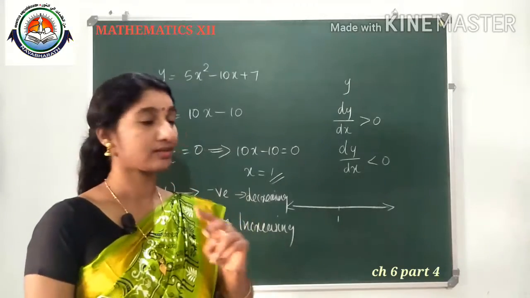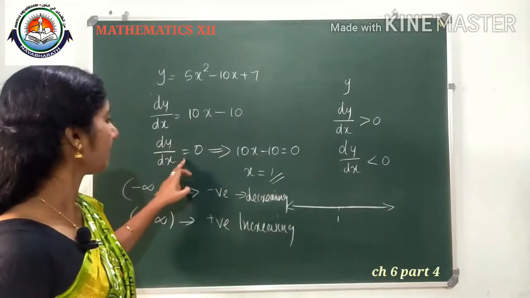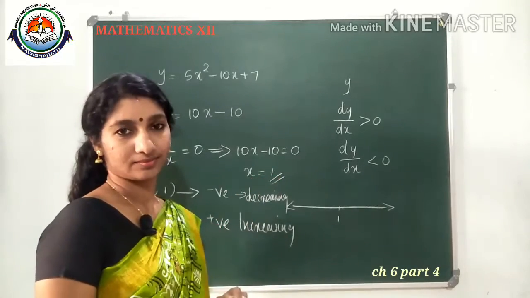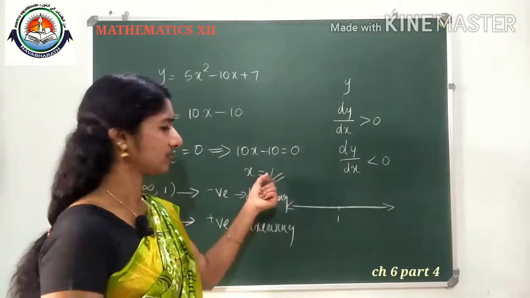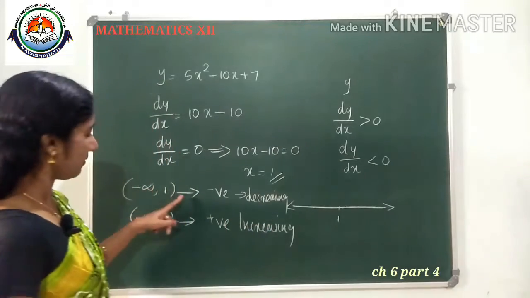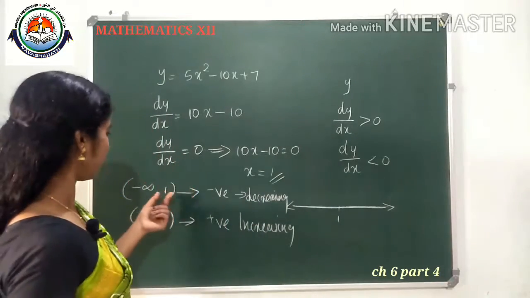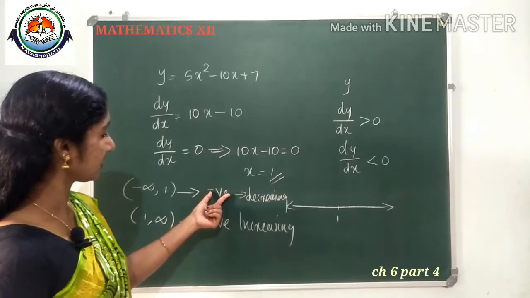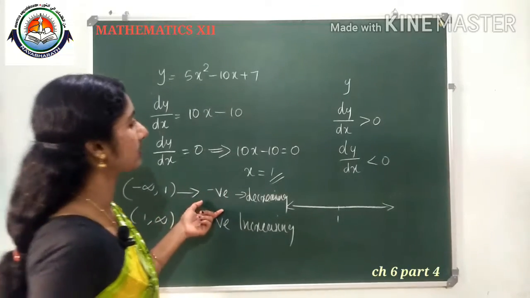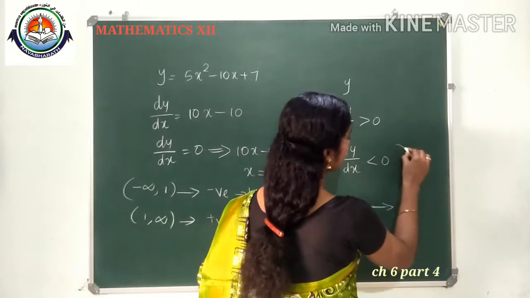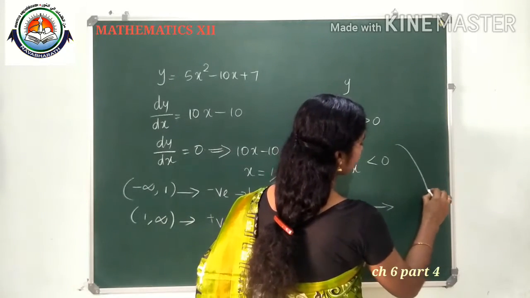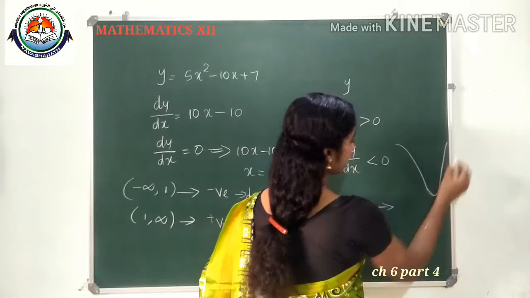Here we got two intervals because we got dy by dx equal to 0 at x equal to 1. What will be the nature of the curve? It is decreasing in the interval minus infinity to 1. So the curve is decreasing like this, and at 1 its slope is 0, then it is increasing.